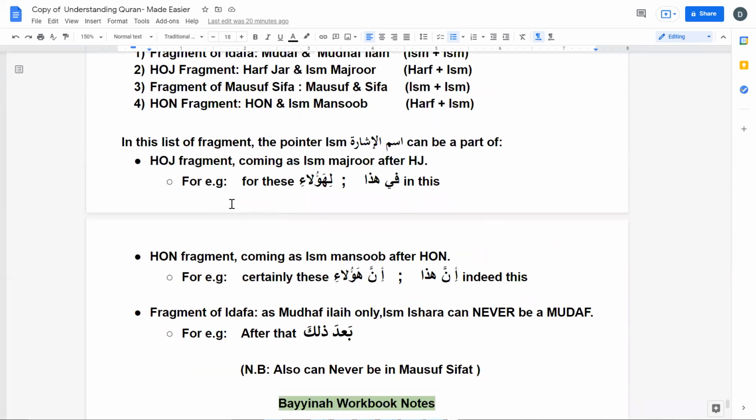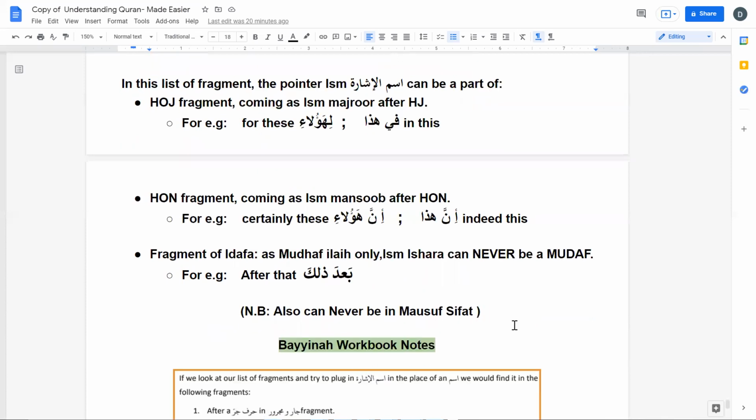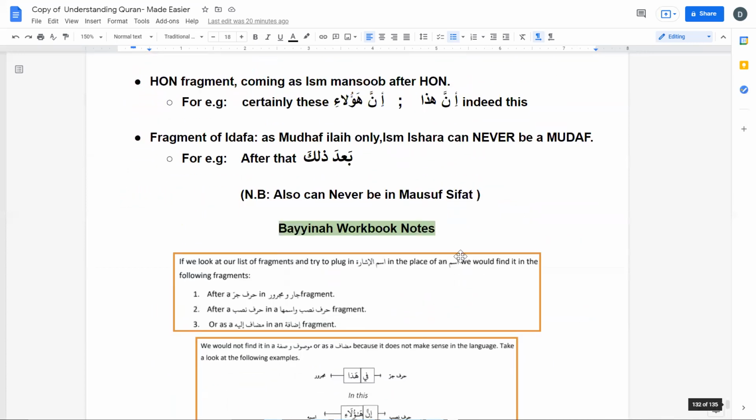So far we learned that pointer ism can come in harf of jar fragment, can come in harf of nasb fragment, can be a mudaf ilayh in idafa, but can never be a mudaf. Now the fourth fragment, which is mawsuf sifa.